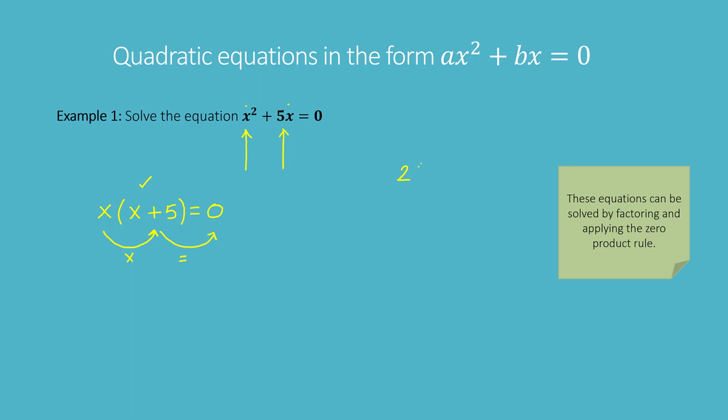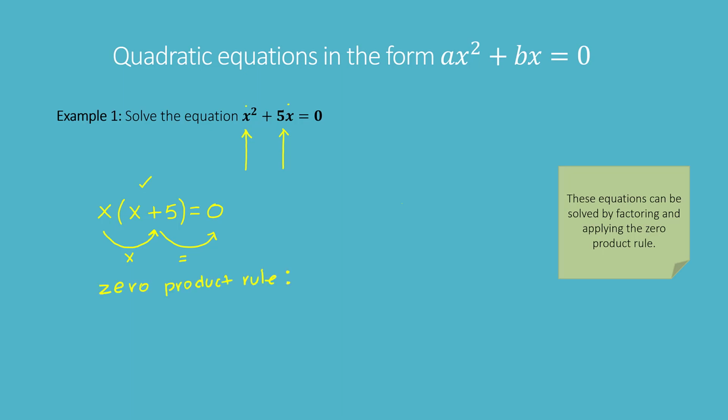What number do we have to multiply 2 by in order for our result to be 0? Our only option is 2 times 0. Therefore, the zero product rule says that if the multiplication of two numbers gives us 0 as a result, one or both of the numbers has to be 0.